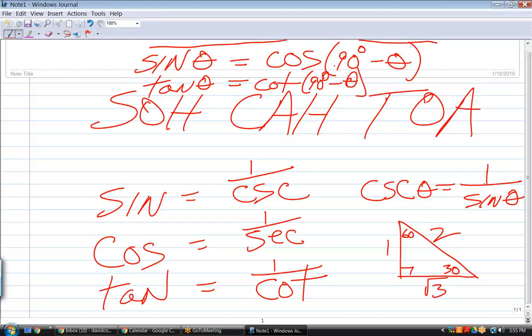In other words, cosine of theta is also equal to sine of 90 degrees minus theta. And finally, the third cofunction relationship is secant of theta equals cosecant of 90 degrees minus theta.